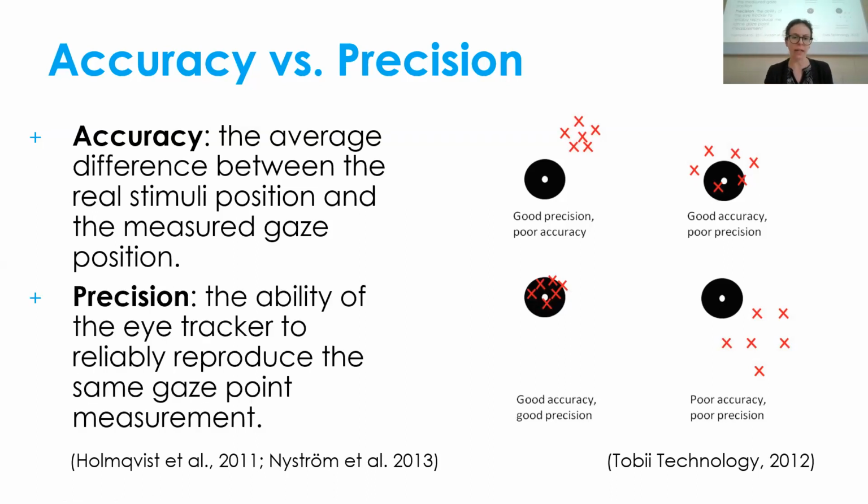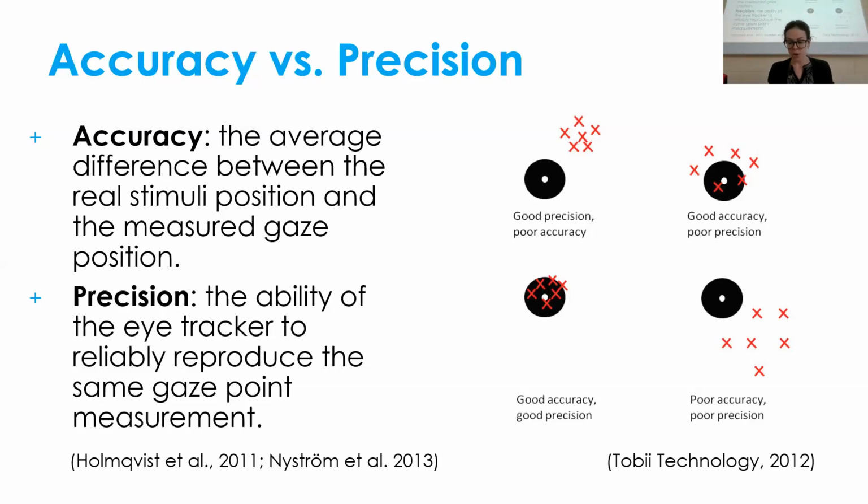Precision, on the other hand, is defined as the ability of the eye tracker to reliably reproduce the same gaze point measurement. It relates to the ability of the eye tracker to group together quite confidently the individual data samples that form a fixation. This is very important to be aware of. When we replay our data, we see these fixations, but there are mathematical operations going on behind the scenes to group all these raw data samples into what is then classified as a fixation.